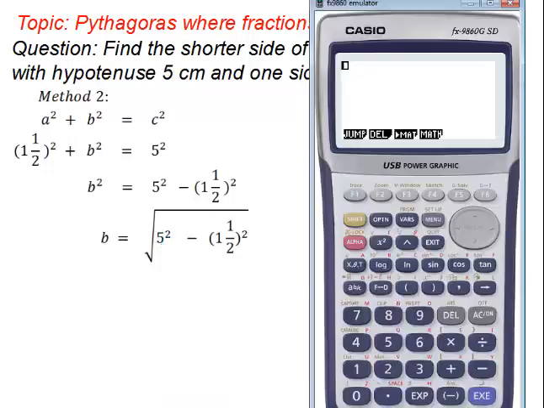So let's get our calculator, work it out in maths mode. 5 squared take, now we want a fraction, so we're going to do shift and the fraction button, fill in the parts, the whole number part, move on, fill in the numerator, move on, fill in the denominator, move on, and square that fraction, and then evaluate it. That is the evaluation of what's under the square root sign.